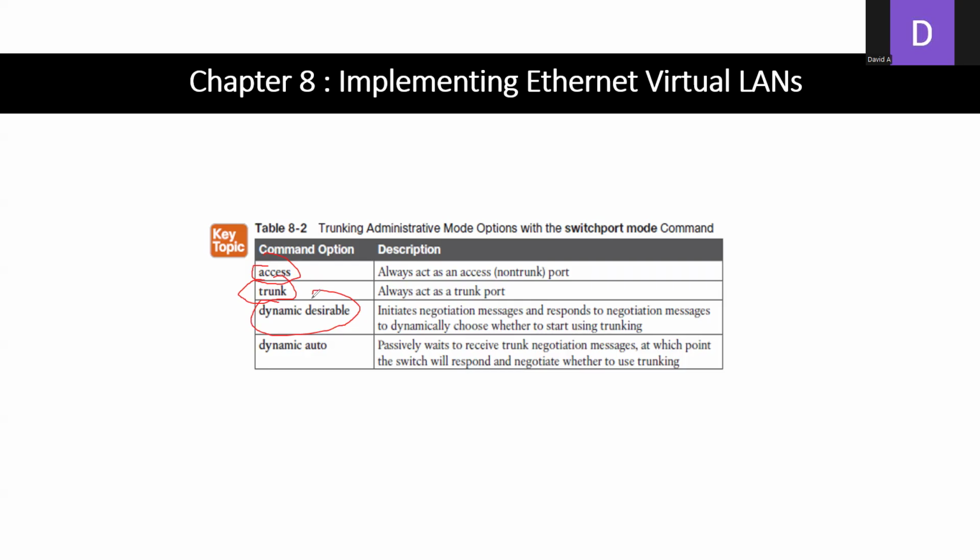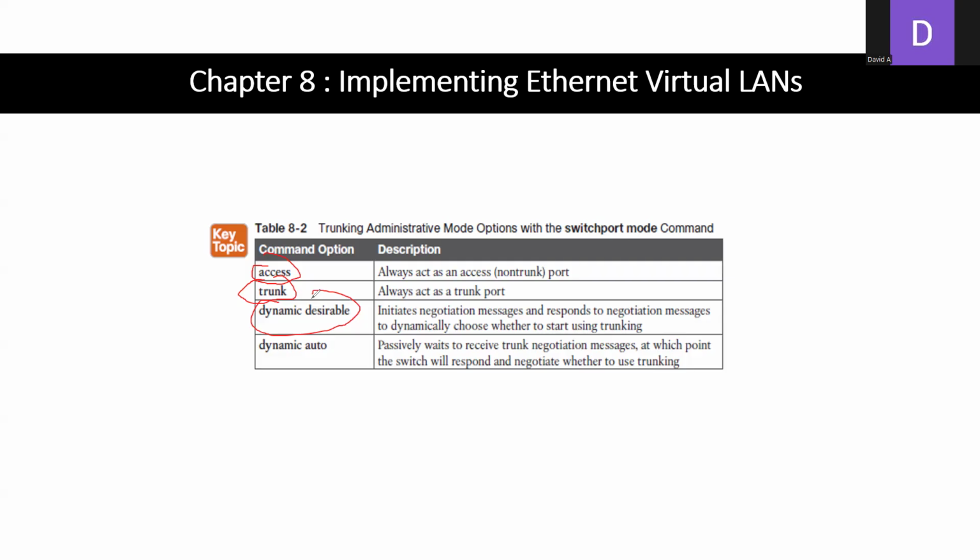I want you guys to remember that for the exam because this is a key topic. In regards to dynamic trunking and using the key term desirable, it initiates negotiation messages and responds to negotiation messages to dynamically choose whether to start using trunking.